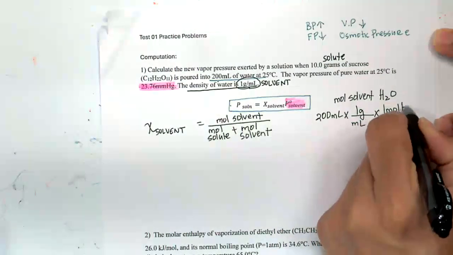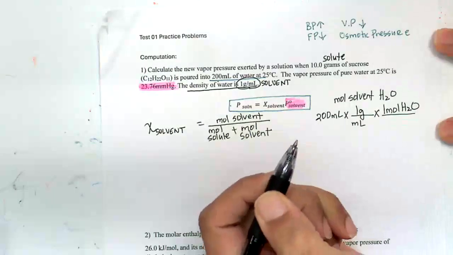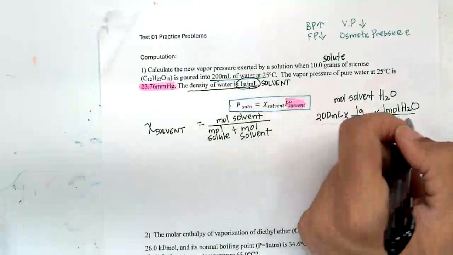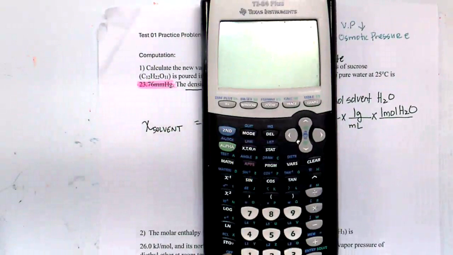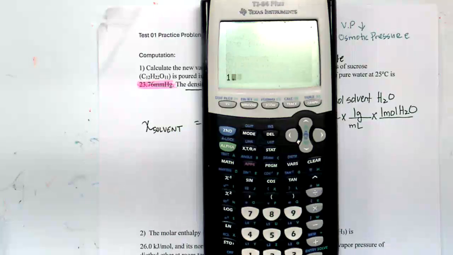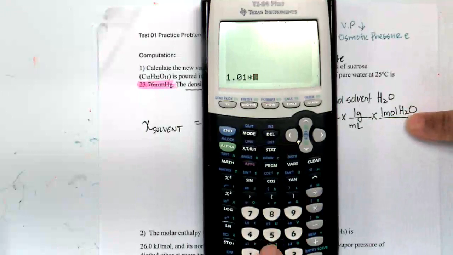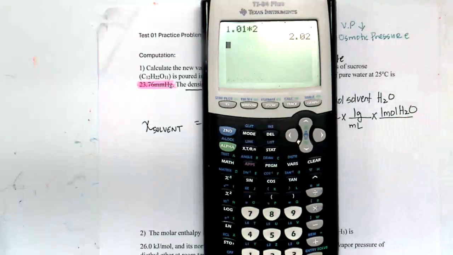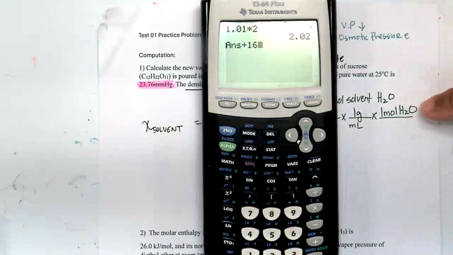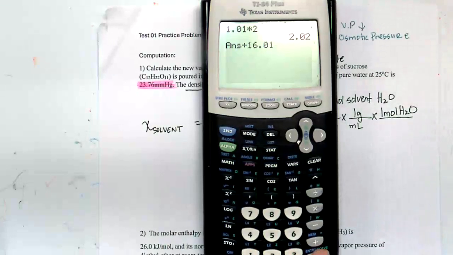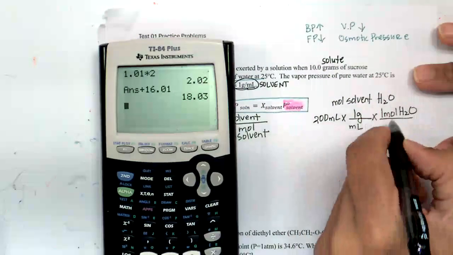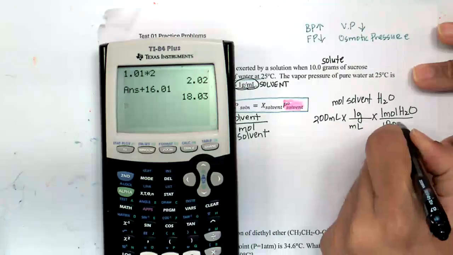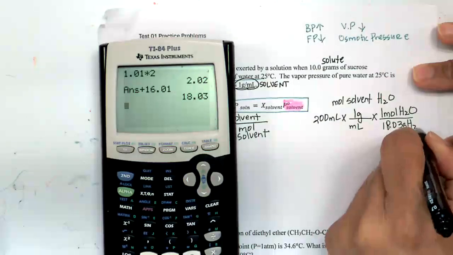Then 1 mole of water is about 18 grams, because hydrogen is about 1.01, and there are 2 hydrogens, and oxygen is 16.01, and there's 1 of that. This is roughly from the periodic table, so about 18.03 grams of water.